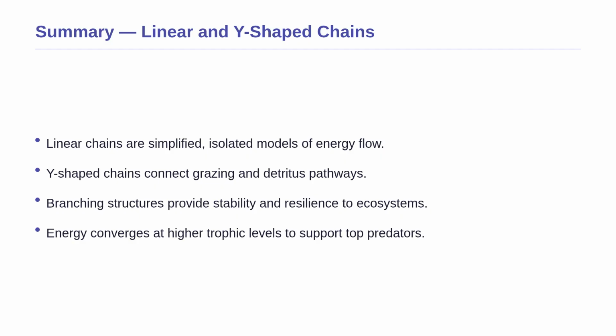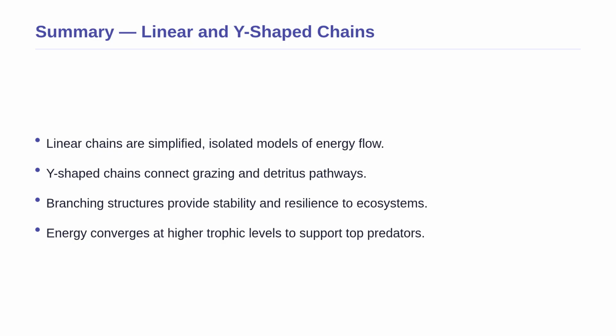To wrap up our lesson, let us review the most important ideas we have covered today. First, remember that while linear food chains are excellent teaching tools, they are oversimplified versions of reality. Nature actually relies on the Y-shaped food chain to maximize efficiency and ensure survival.